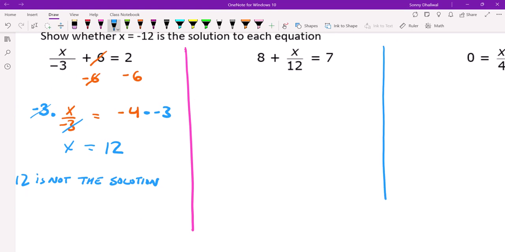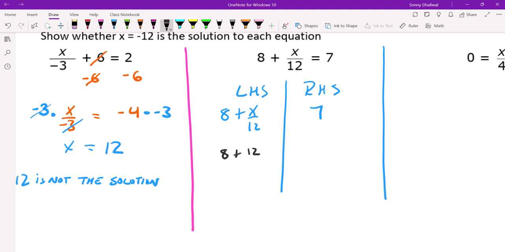Does the left-hand side equal the right-hand side? On this side we have 8 plus X over 12. Okay, I stick 12 in. I have 8 plus 12 over 12. Oops, sorry, negative 12.